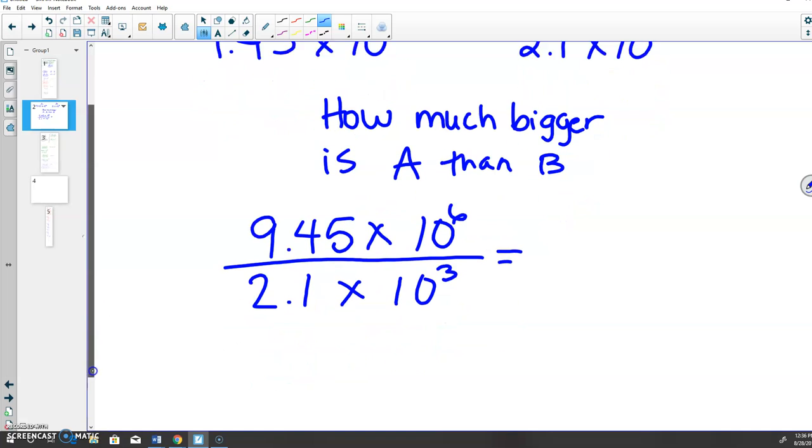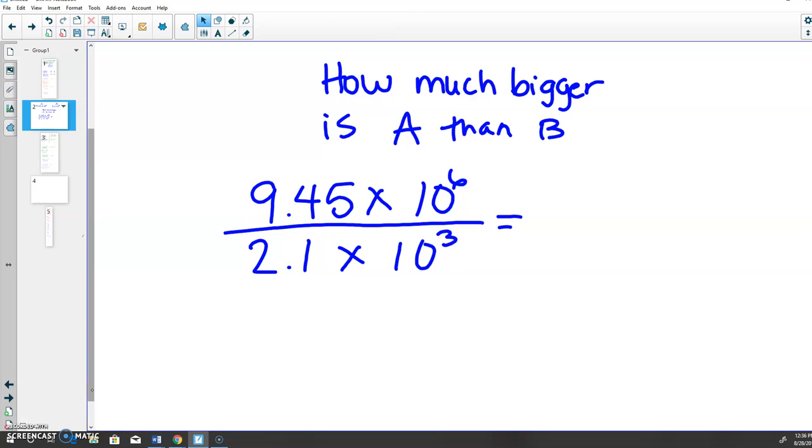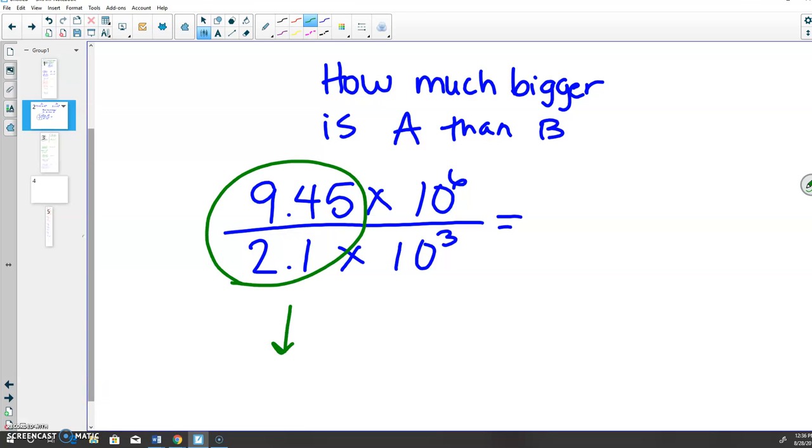So, to solve it, you would just divide your division problem right here, get an answer, give your answer times 10 to the 3, and then you would do your subtraction problem and have an answer here. So go ahead and do those and see what you get.